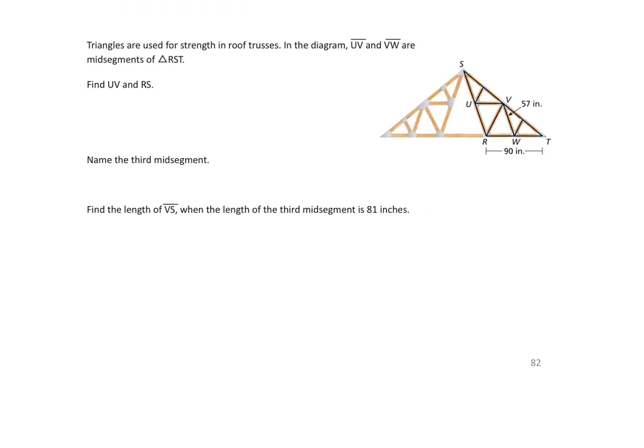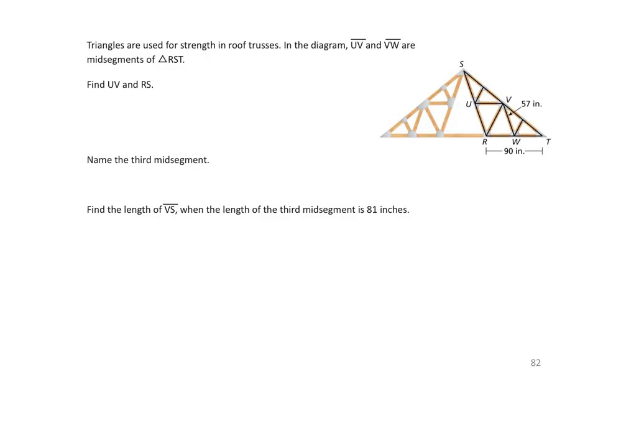Okay, we're going to see some examples here. On this one, they tell us that these are roof trusses, like if you're building a house, this is kind of what it would look like. Triangles are used for strength to make the roof a little bit stronger. UV and VW are mid-segments of triangle RST.